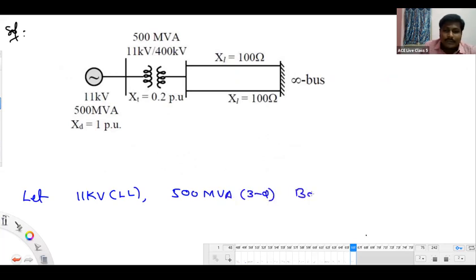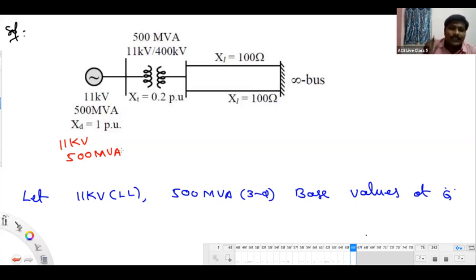These are the base values at the generator location. I'm choosing 11 kV, 500 MVA. Again, it's your wish what to choose.